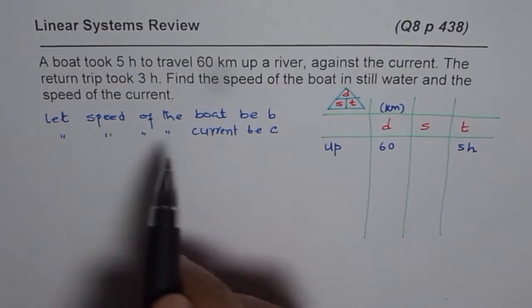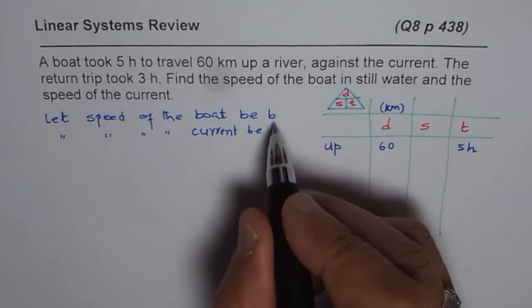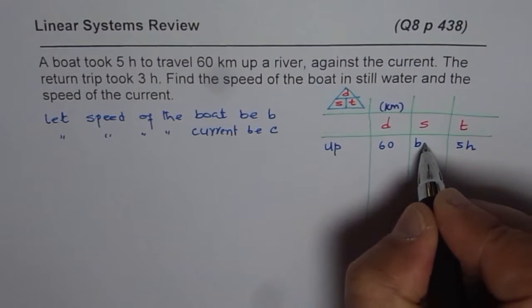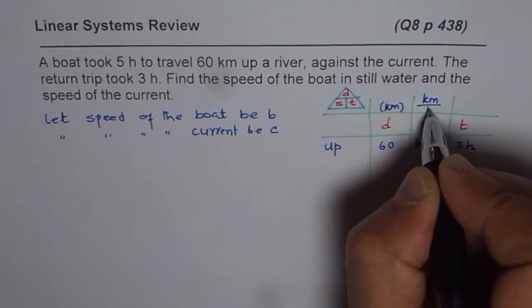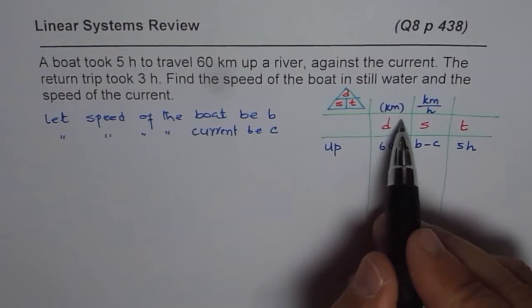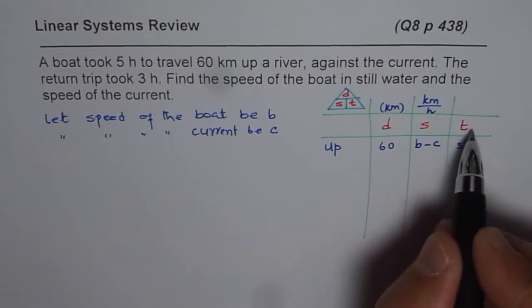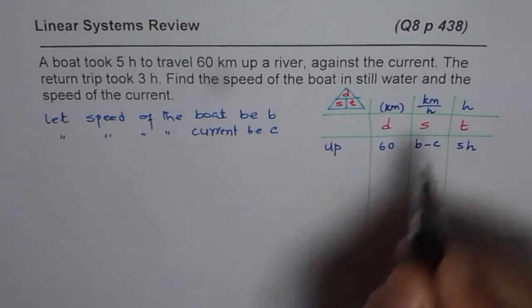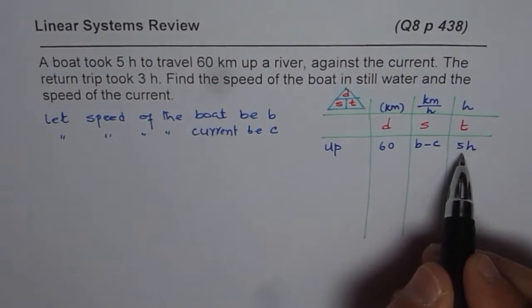Now if the speed of the boat is B and the current is C, then the speed should be their difference because it is going against the current. So it will be B minus C, and the units will be kilometers per hour. Normally we write units under these variables. Time will be in hours. So that is when going upstream.